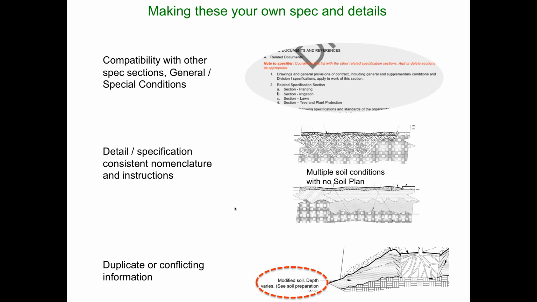So if you change the name of something on a detail, you need to make sure that name is also changed in the specification. And you also should avoid duplicate or conflicting information, where you might have a requirement on the detail to see the soil preparation plan, but if you don't have a soil preparation plan, then the detail doesn't tell the contractor what to do.